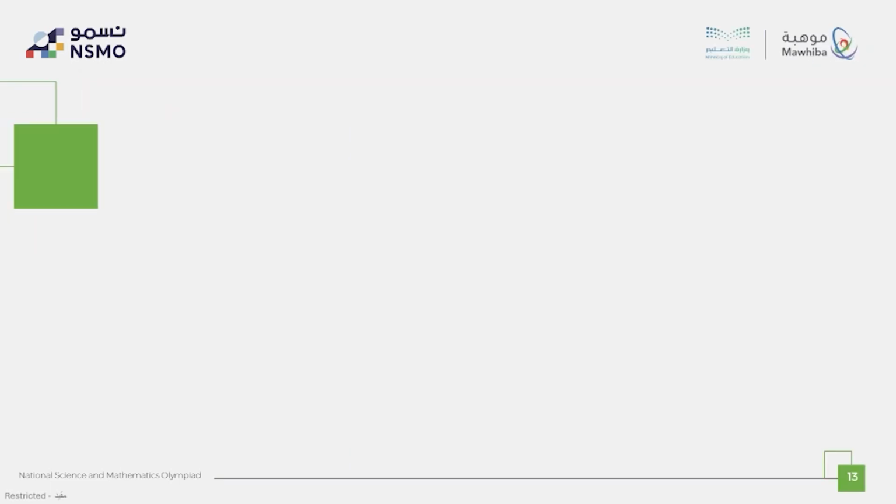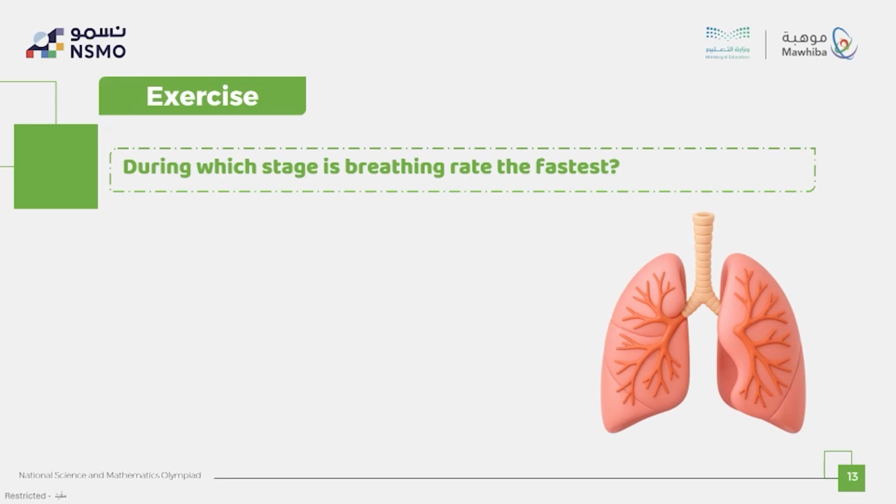Okay, guys, this question is not just about memorizing. We are measuring your critical thinking here. So think about how the body changes with age and how breathing supports growth and activity. The question says, during which stage is the breathing rate the fastest?